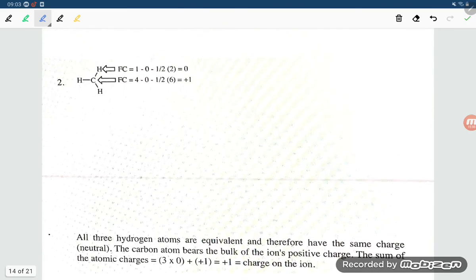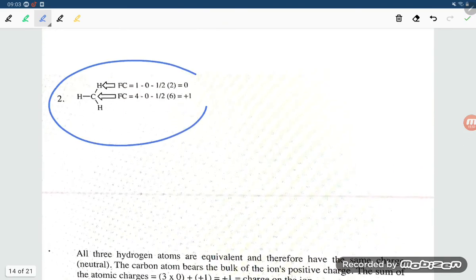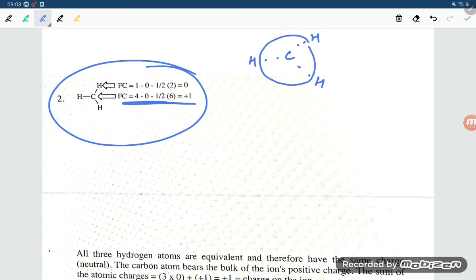If you take another example, this compound, they are asking to calculate the formal charge on carbon. This molecule I am changing a little, students, putting it in the form of the Lewis dot structure. This is in the bond line formula. So they are saying to calculate the formal charge on the carbon. Okay, 3 bonds are there.